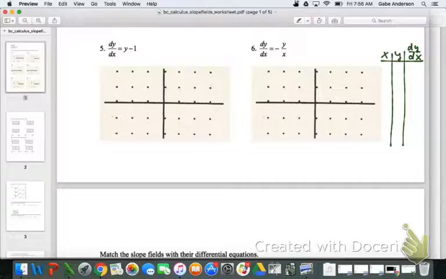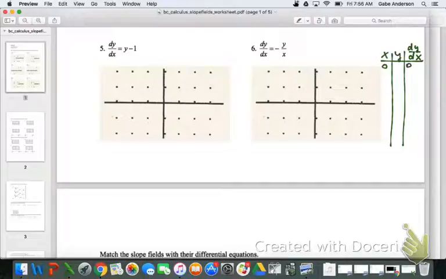Talk to me about a fraction. What part of a fraction is pretty restrictive? Yeah, denominator can't be. Okay, so the denominator is x. So basically whenever x is 0, it doesn't really matter what the y is. dy dx will be DNE, right?